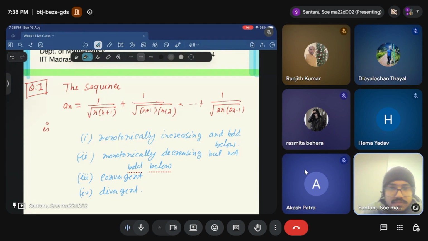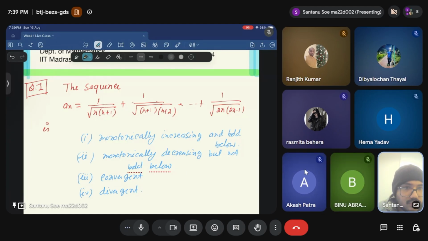Probably you have seen sequences that start from some numbers, for example 1 by 2, 1 by 3, and so on, like 1 by n. But this looks a little bit different, right? Because the nth term has a different structure, like a sum of n terms, with some algebra like square root of n into n plus 1. So what is your approach when you see this question?